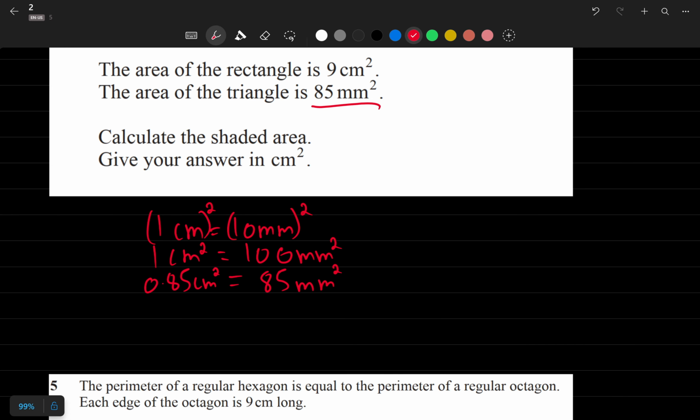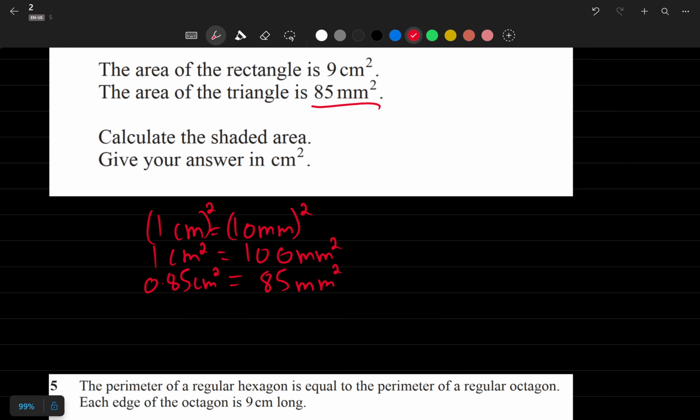So now you have this as rectangle area and this as triangle's area. Rectangle's area is shaded and the triangle area is not shaded. Just subtract them. So 9 minus 0.85, which is equal to 8.15 centimeter square. So this is the final answer for the first question.